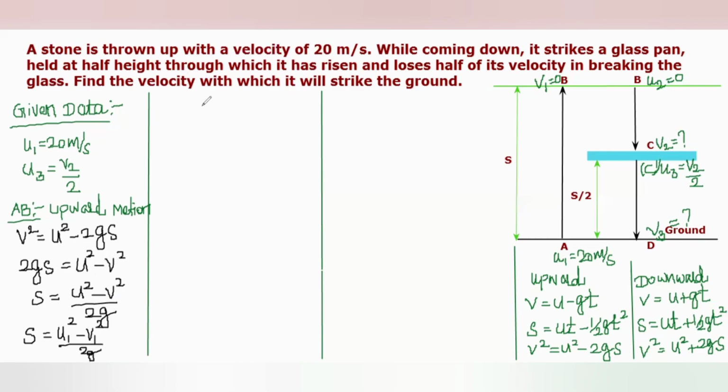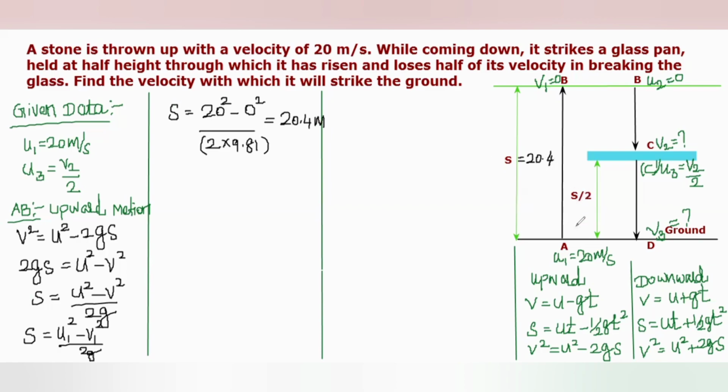So S equals initial velocity 20 square, final velocity at the dead state becomes 0 square, divided by 2 into the G value 9.81. If you simplify, you will get S equal to 20.4 meters.